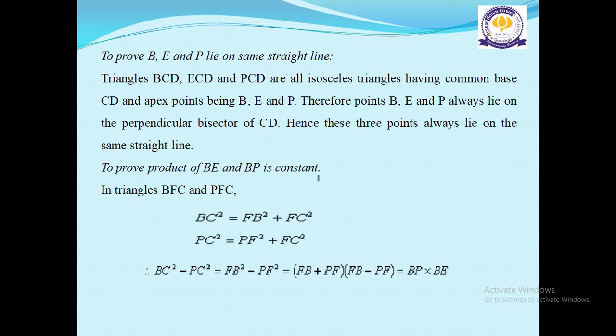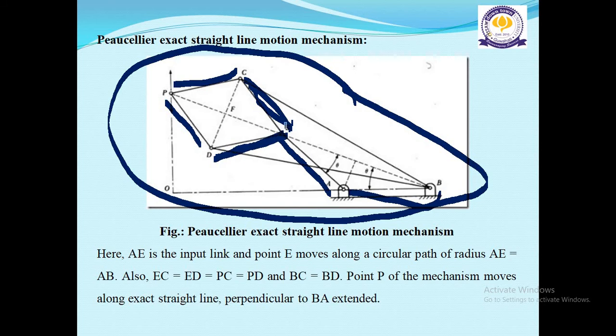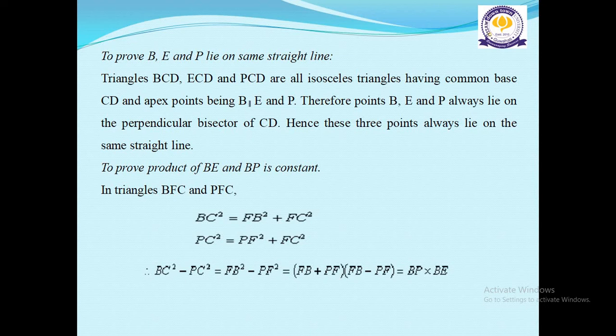To prove the product of BE and BP is constant, consider triangles BFC and PFC. Here BC square is equal to FB square plus FC square, and PC square is equal to PF square plus FC square. Therefore BC square minus PC square is equal to FB square minus PF square.